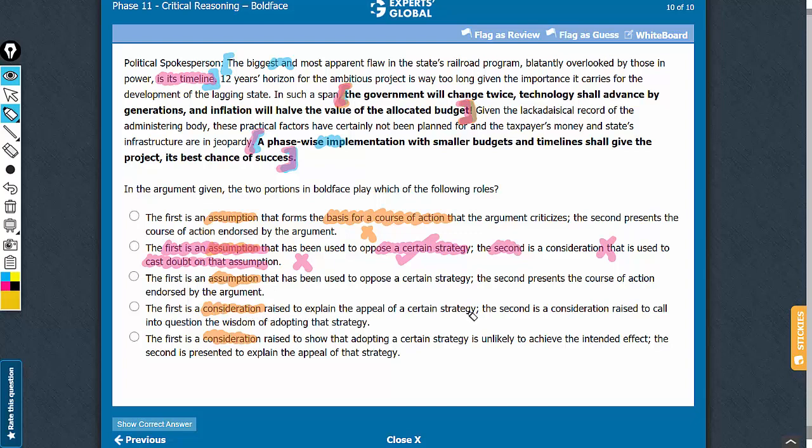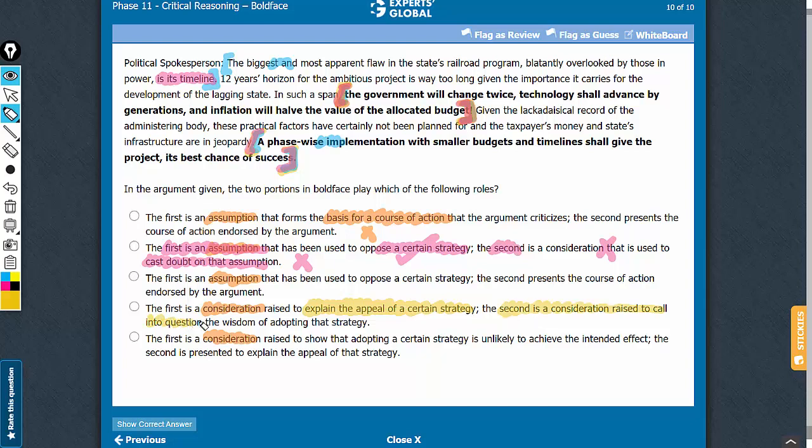The first is a consideration raised to explain the appeal of a certain strategy. See, the first boldface here criticizes the first strategy and it does not say anything good about the second strategy. So this is not the best way of putting it. However, a bigger problem lies in the second half of the answer choice. See, if at all we say that the first has been used to explain the appeal of a certain strategy, it means we are talking about the second strategy here, okay?